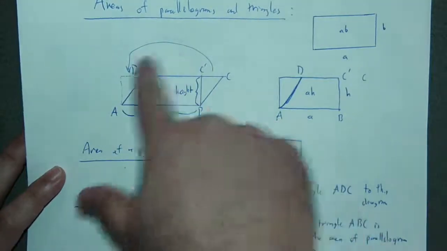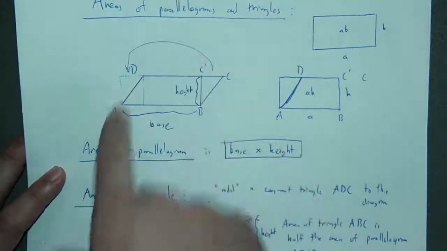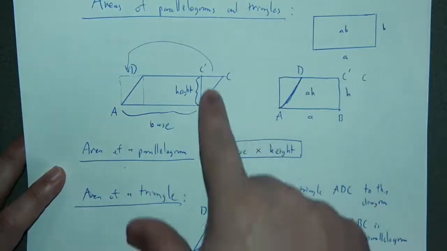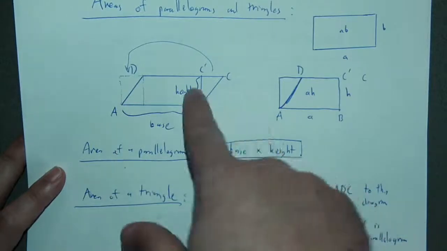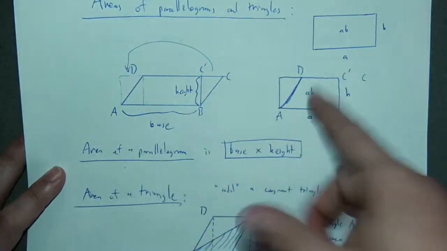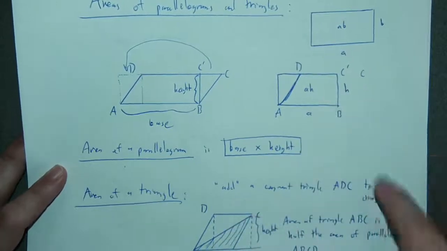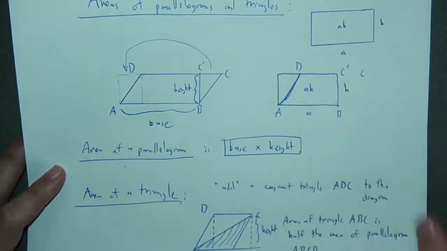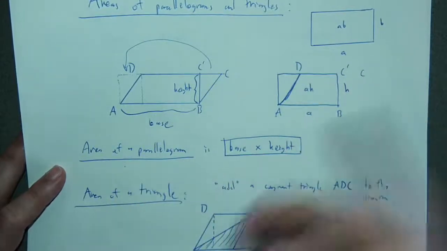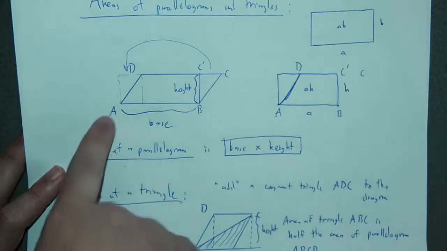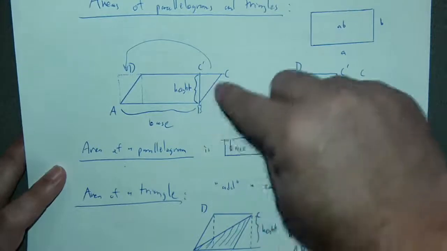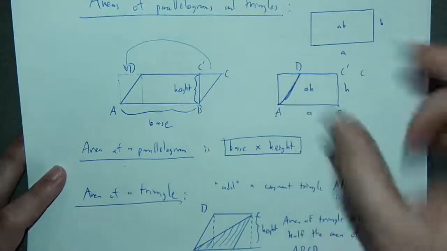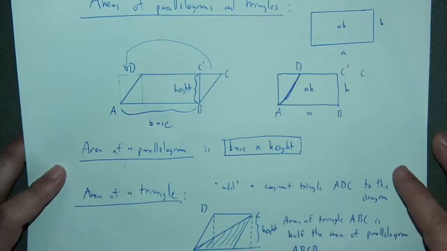There was some moving that we were allowed to do to cut apart and restructure this shape in a way that doesn't alter the area contained in the shape. In doing this reassembly, we got a rectangle and came up with the same sort of thing. So it turns out that the area of a parallelogram was also base times height, right? It's just that the fact that the parallelogram was sheared concealed what the height was. You couldn't read it off from the length of one of the slant sides. Okay, that was the big deal.